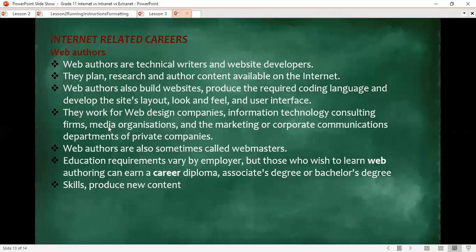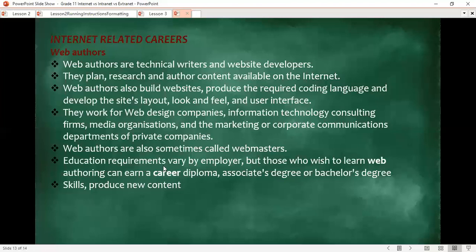When we look at their job description, search engine optimization needs exactly the skills that they have, the web authors. Web authors are also sometimes called webmasters. So when they say a webmaster, the other name of a webmaster is a web author.